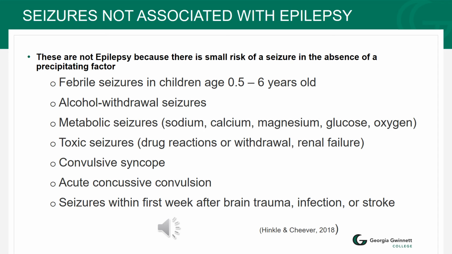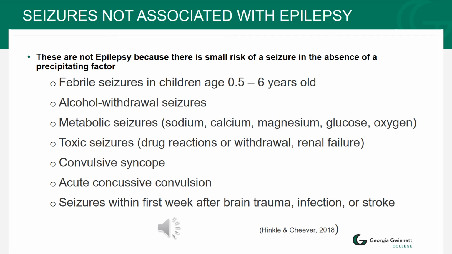So I've listed here different types of seizures that are not considered epilepsy. I mentioned a little bit ago febrile seizures, when a child has a fever and it causes them to have a seizure. Toxic seizures and alcohol withdrawal seizures are seizures that are caused by coming off of alcohol, coming off of drugs.